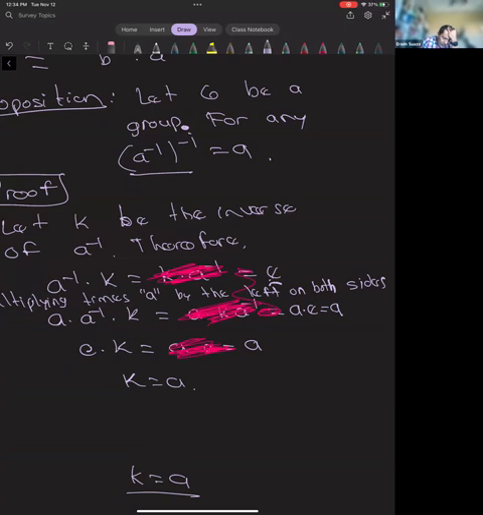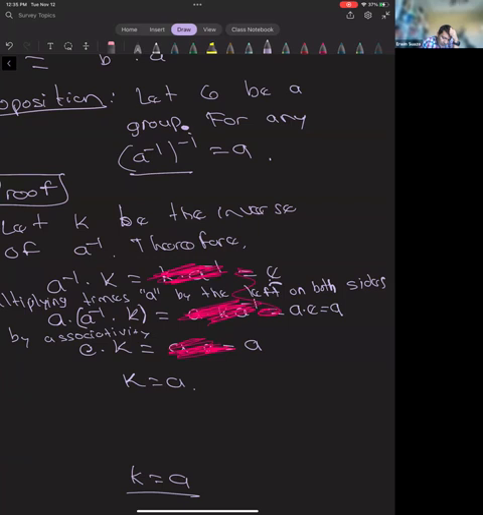Now, by associativity, right? So I do these two first. So you see, this is where we have to be careful. Let me do it like this, because I multiply A on both sides, right? So here these two have parentheses, and this one doesn't need parentheses.